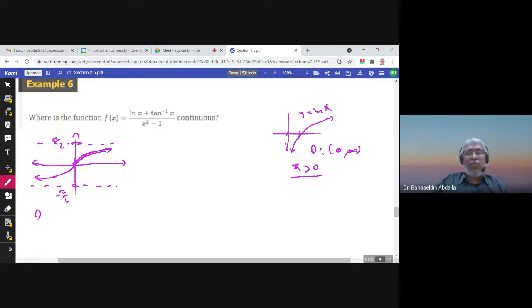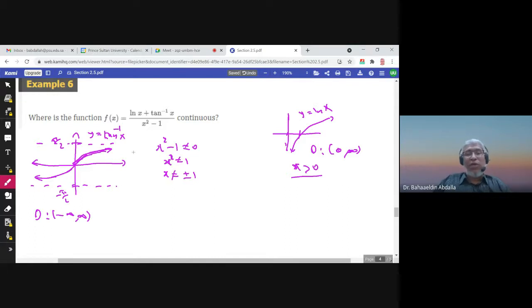This is y equals tan inverse x. So the domain of tan inverse is from negative infinity to infinity, so I have no problem with x here. Now x squared minus 1 is in the denominator, so it cannot be 0, which means x cannot be positive or negative 1.